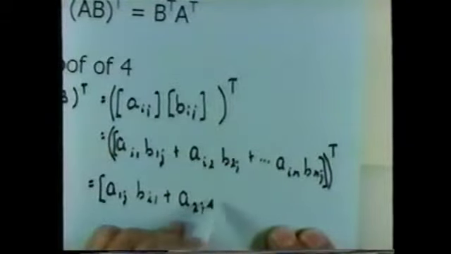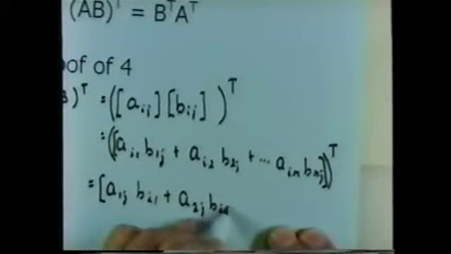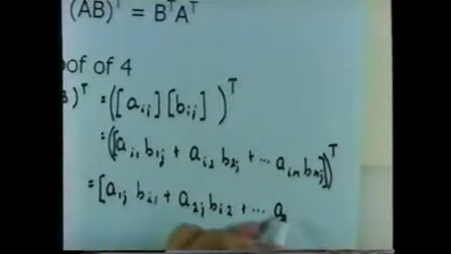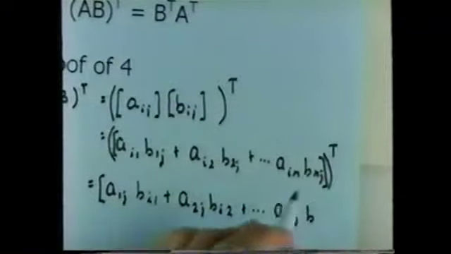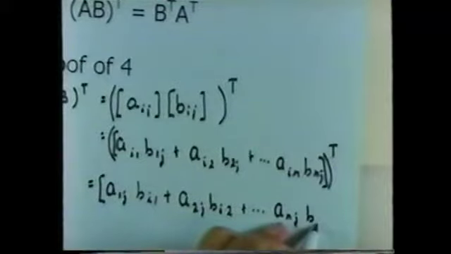Plus, we're interchanging rows and columns, so it's going to be A 2j, B i2. Plus, it's going to be A nj, B in. So that's taking the transpose.